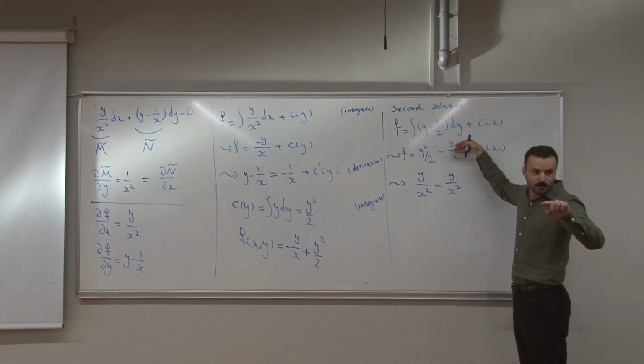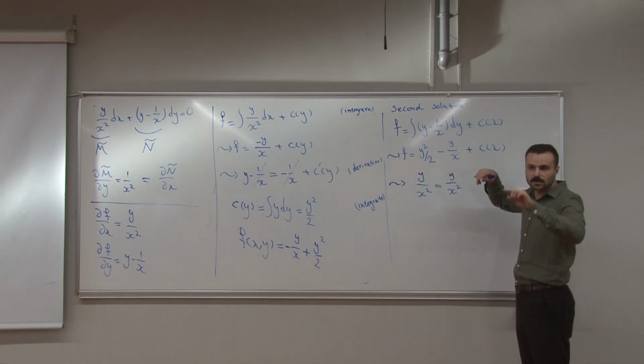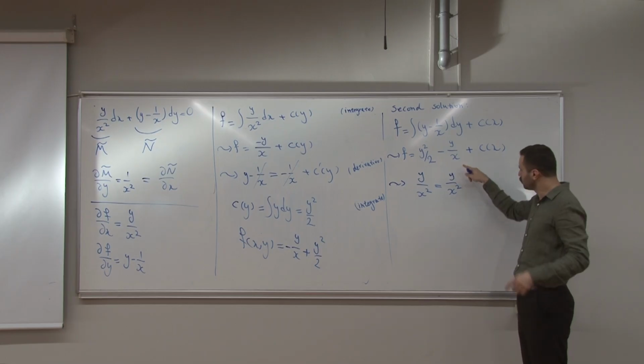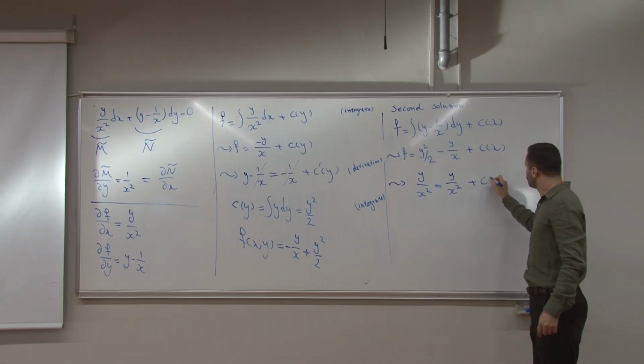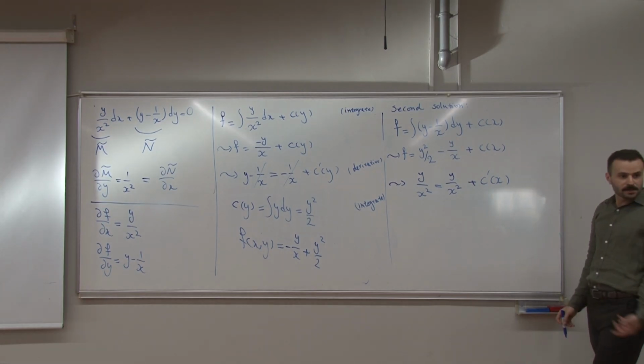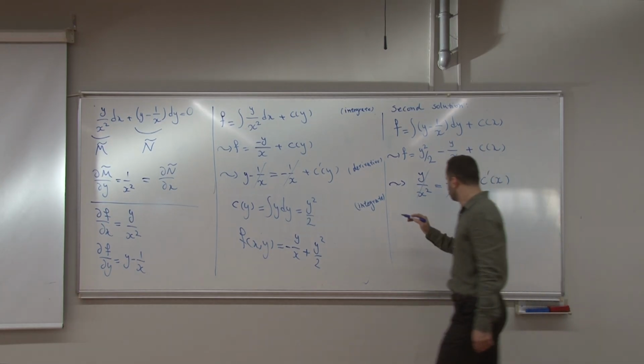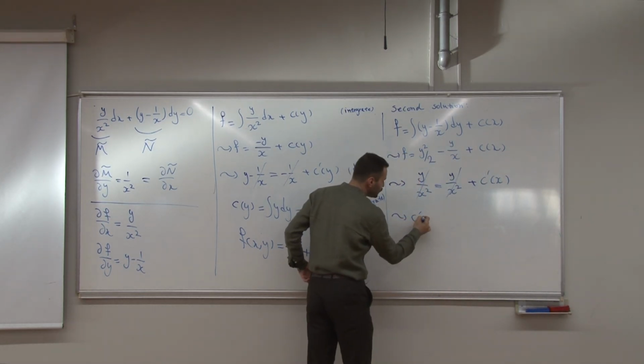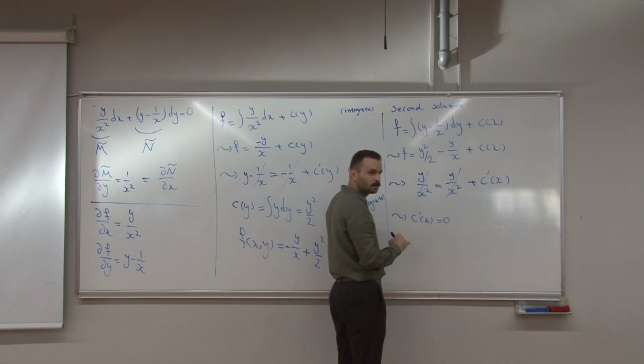Just take y, and minus 1 over x's derivative is minus 1 over x to the power of 2. So you have this plus c prime of x. Okay? What happens? These cancel. So what do I have? I have c prime of x equal to 0.